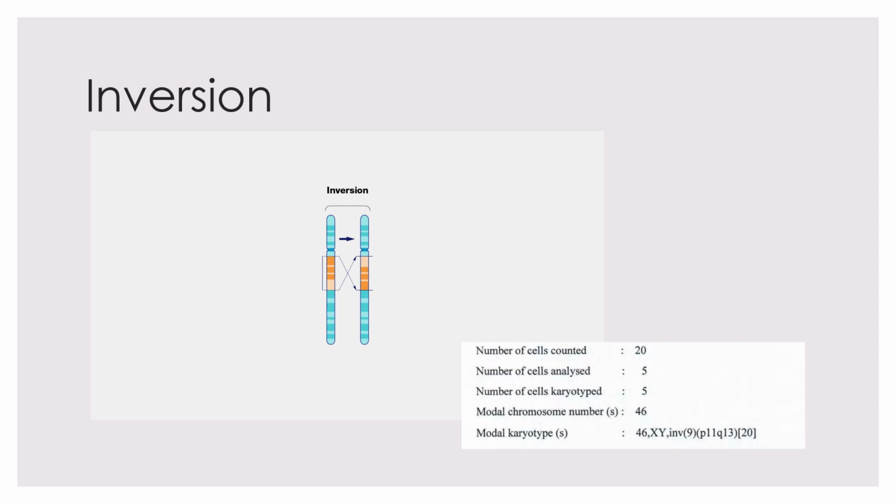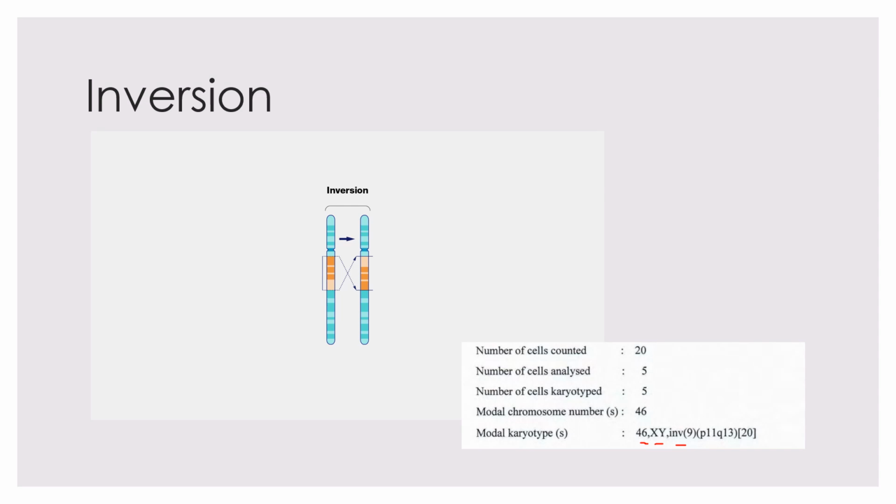How would I write it? Say the number of chromosomes is correct, but this is an error. We have to write it, right? In such a case, we'll write 46, the total number of chromosomes, XY, that means it's a male, inversion 9. What does this mean?